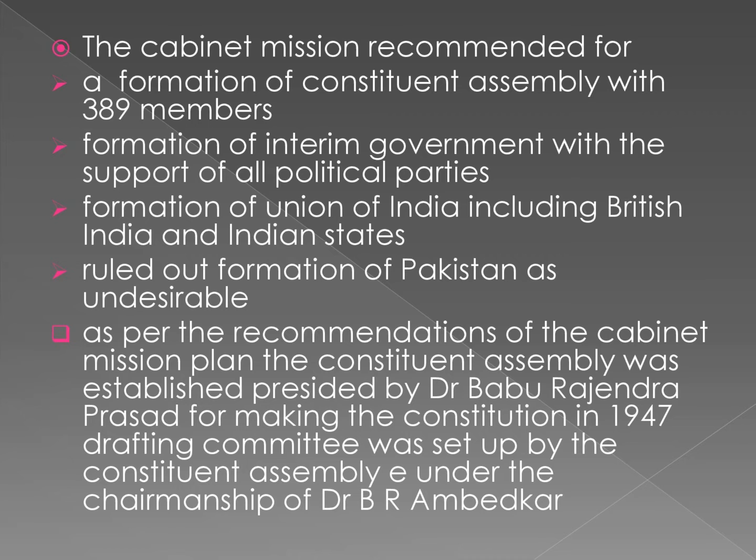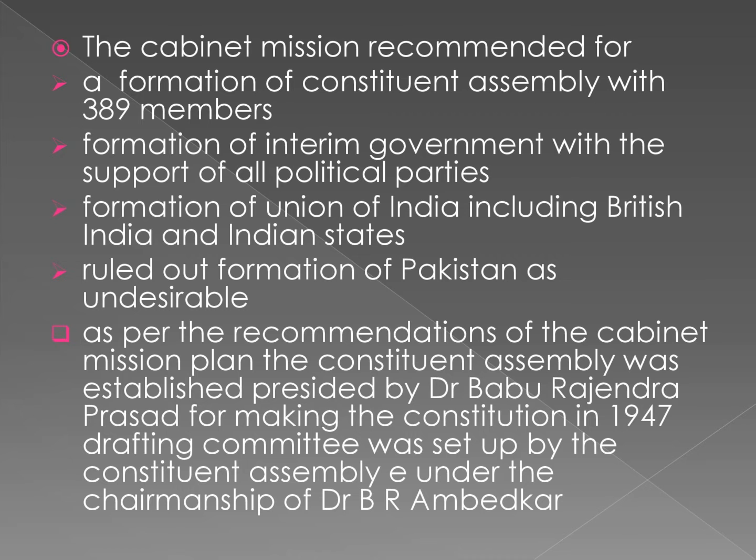The Act of 1947 was actually an extension of the Mountbatten plan. With the intervention of Mountbatten, India was divided into India and Pakistan. This way, the 1947 Act came into existence to remove the drawbacks that existed in the 1935 Act.